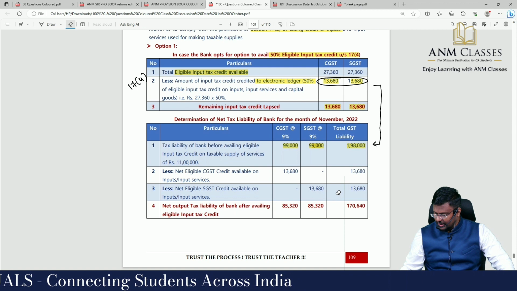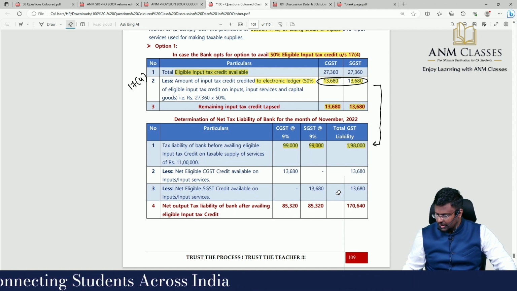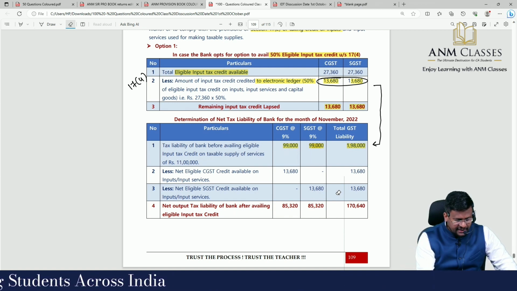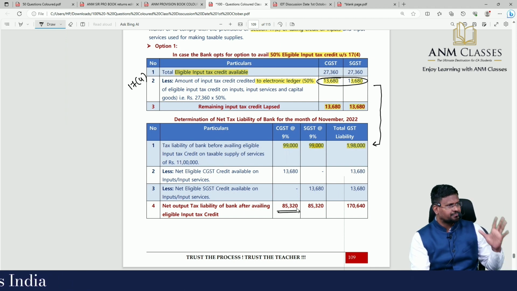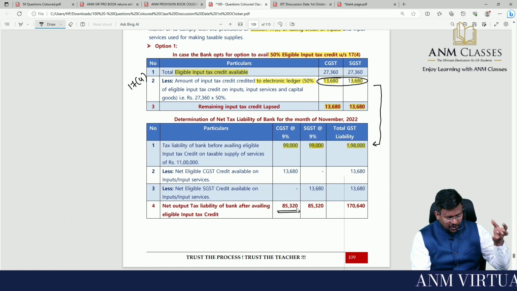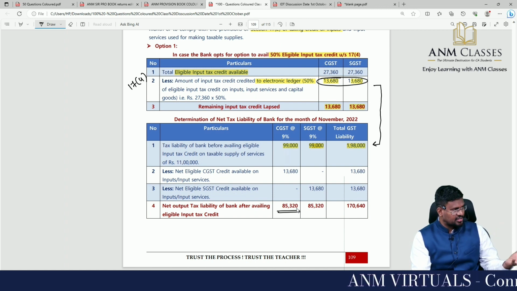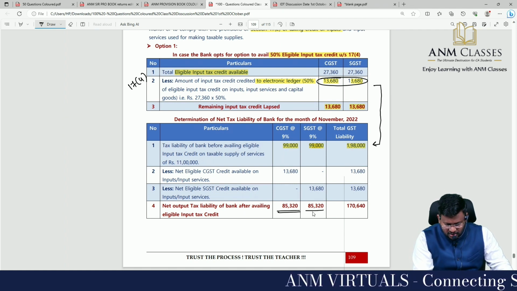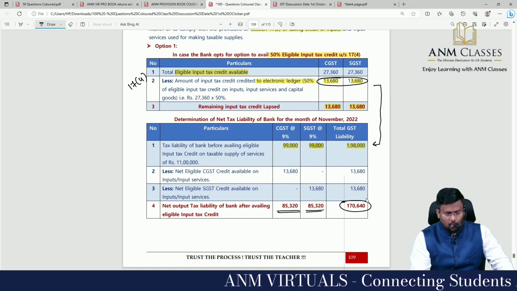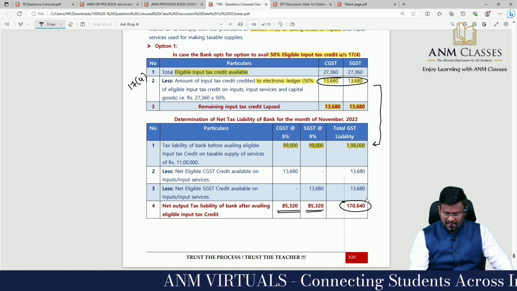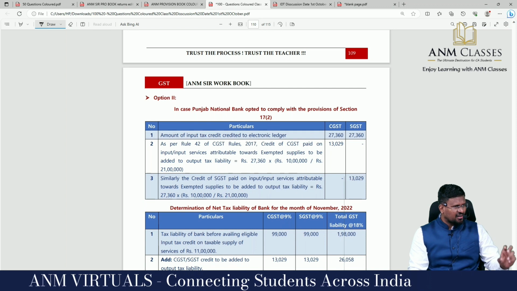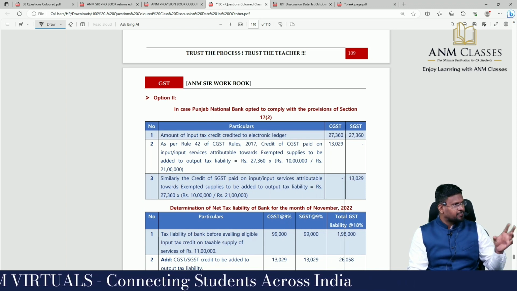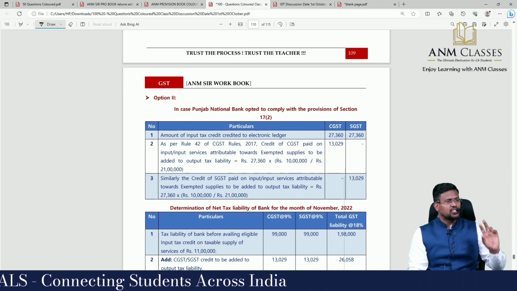So 99,000 minus 13,680 comes to 85,320, which is the net output tax liability after availing eligible ITC 50%. 85,320 total comes to 1,70,640. This is option number 1, which is the 50% reversal route, 50% lapsing route, 50% net eligible ITC route.